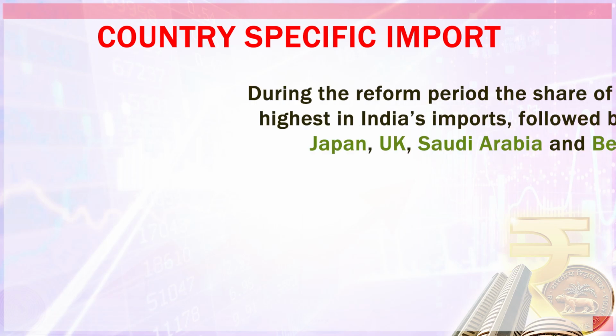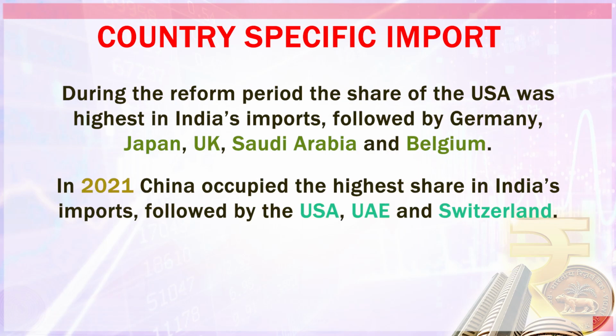And during the reform period, that means the economic reform which occurred in India in 1990 and 1991, USA was first in import. That means India was importing maximum commodities from the United States, followed by Germany, Japan, UK, Saudi Arabia, and Belgium.